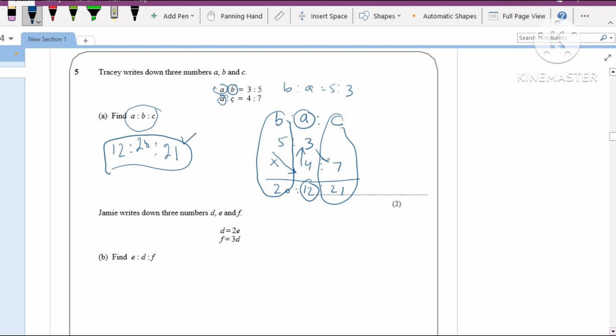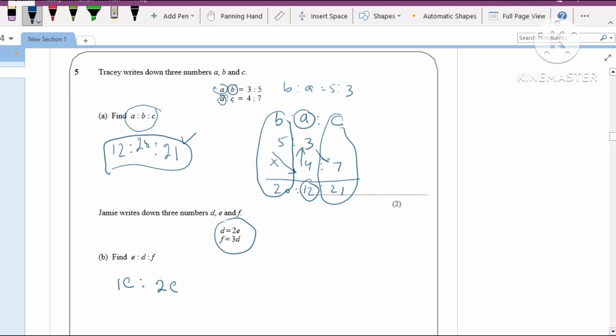Basically, we have to write down the ratio between E ratio D ratio F, and here it's a comparison. Basically, this question is given in most of the papers in this way: D is twice of E and F is 3 times of D. So D is 2E. E is E, so we will write E as 1E, and D is twice of E, so you will write 2E.